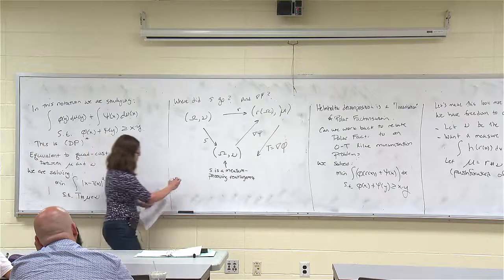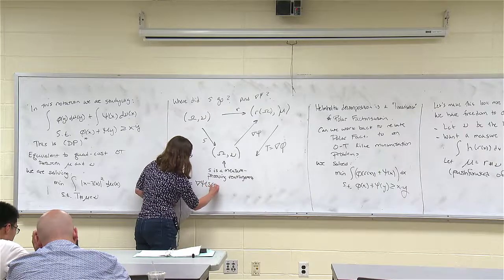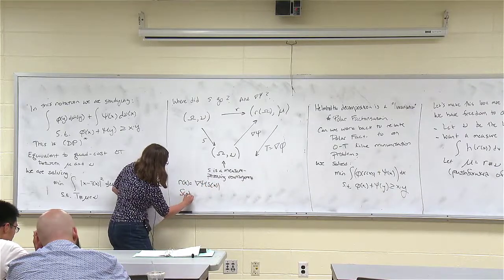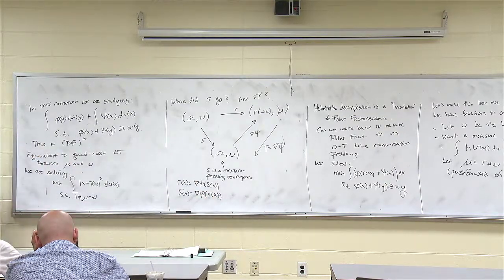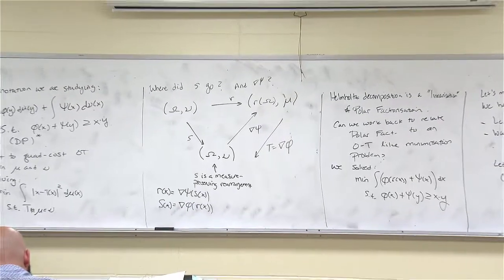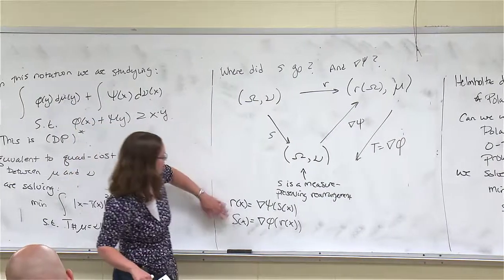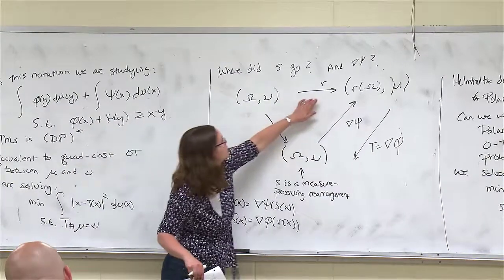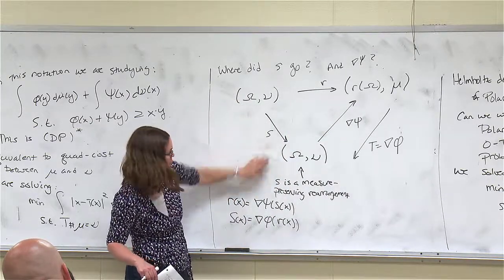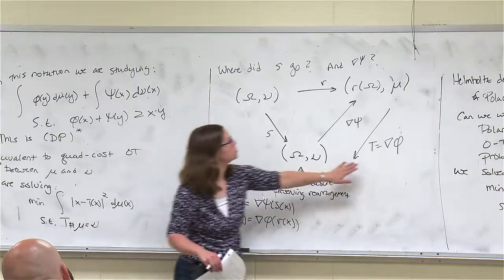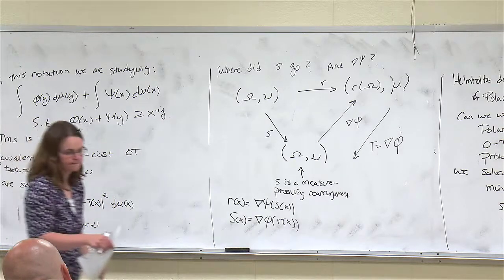Just to have these here, I'll write down the factorization that we came up with: grad c of S of x, and S of x was grad phi of R of x. Those just came from these being Legendre duals. Does that look good? This was the thing we drew first. R we could decompose as grad c of S. And here, S, the map from here to here, is decomposed as grad phi of R. So I think this diagram is right. I think this makes sense.